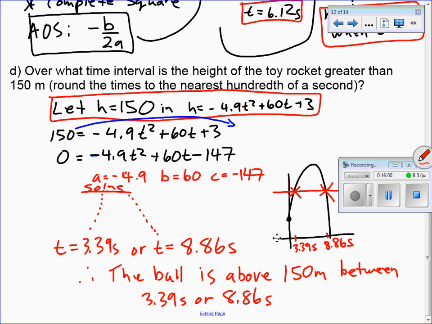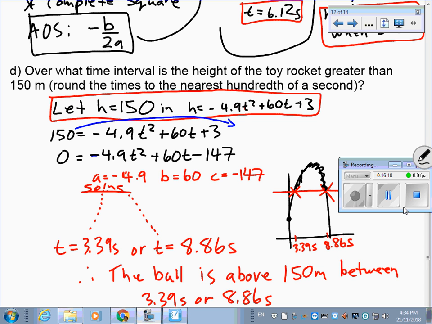So basically, we're looking for all the times from here all the way to here. And based on that, we're pretty much done all the work for this lesson.